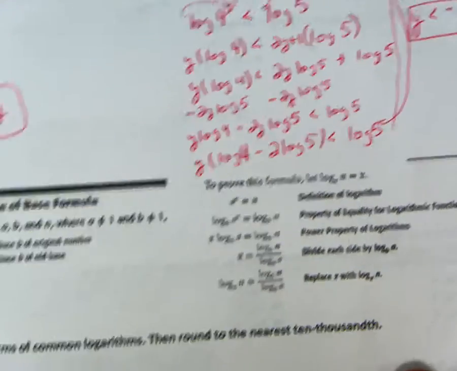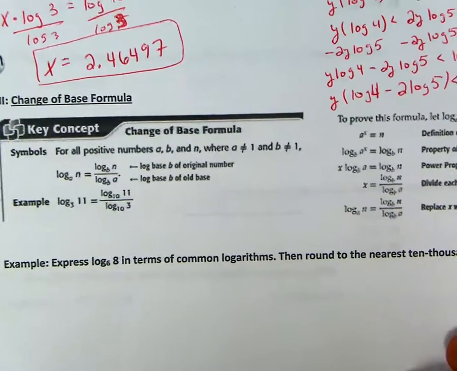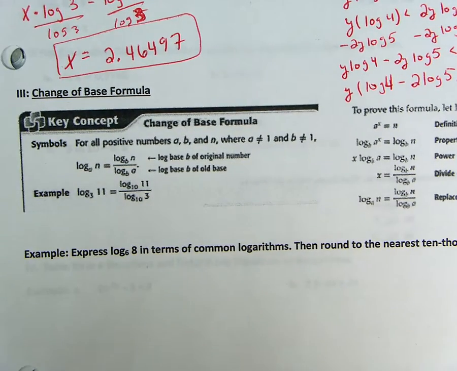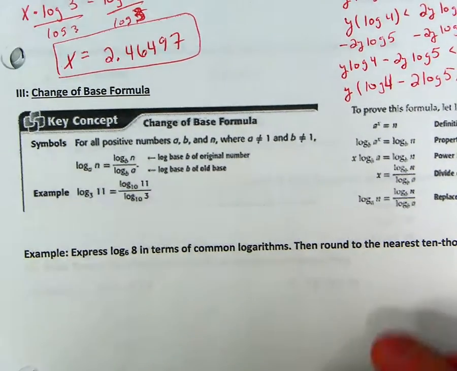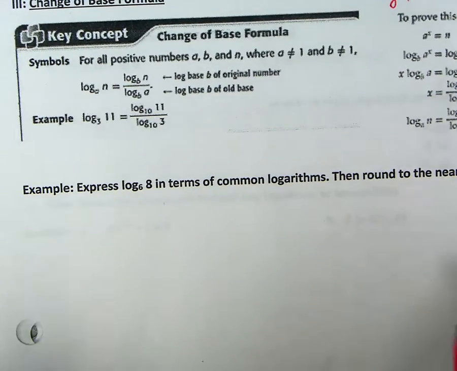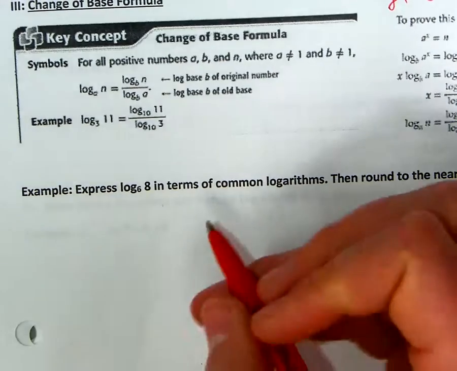All right. Then the last part of this is the change of base formula. What this allows us to do is find what log base 6 of 8 is using common logs.